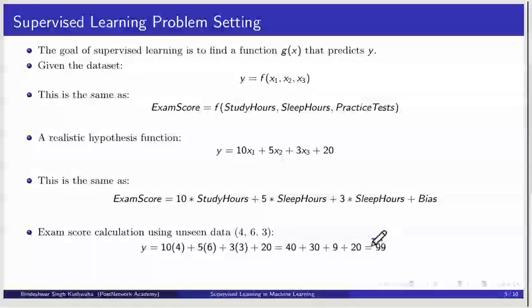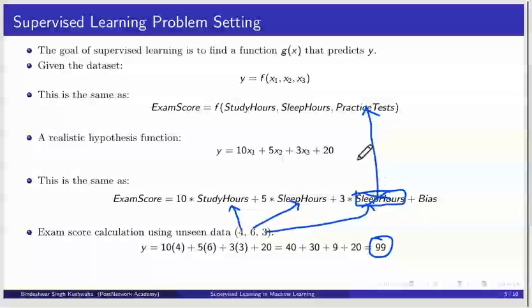So the machine has predicted that if a student has study hours 4, sleep hours 6, and practice test 3 taken, he will score 99.